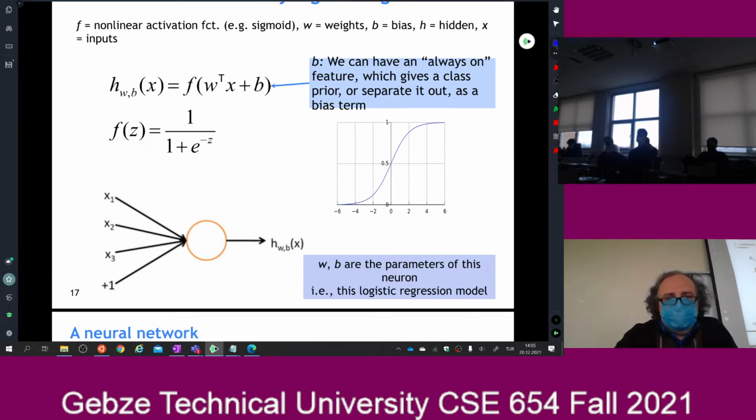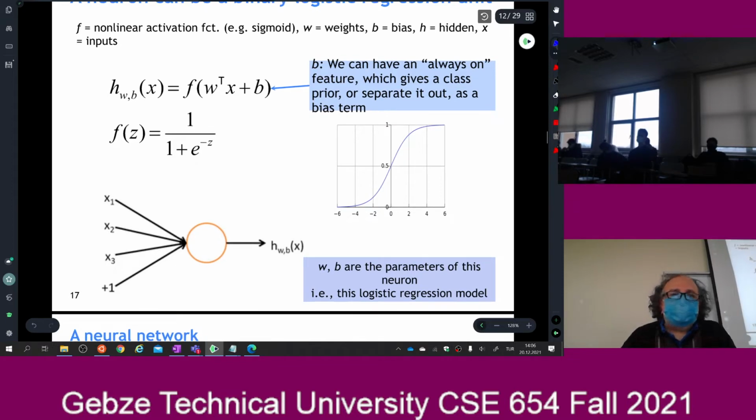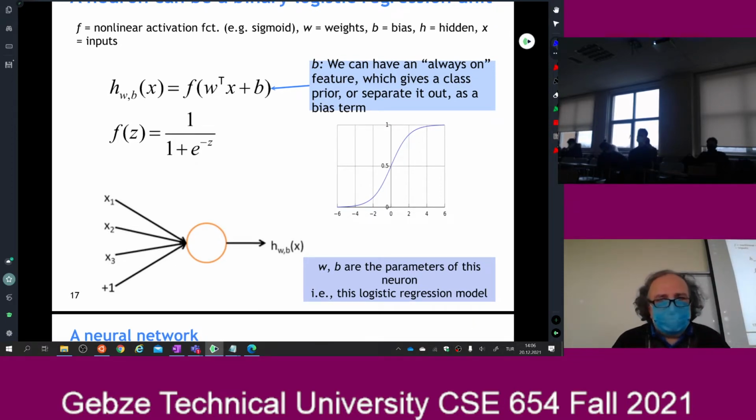So multiply x1 with one of the elements of it, x2, x3, and at the end pass it through this activation function. Let's look at this function actually.